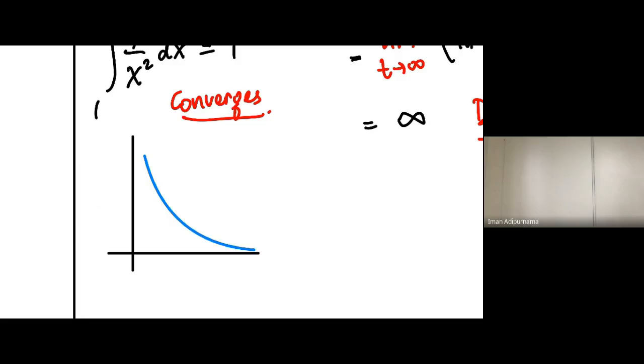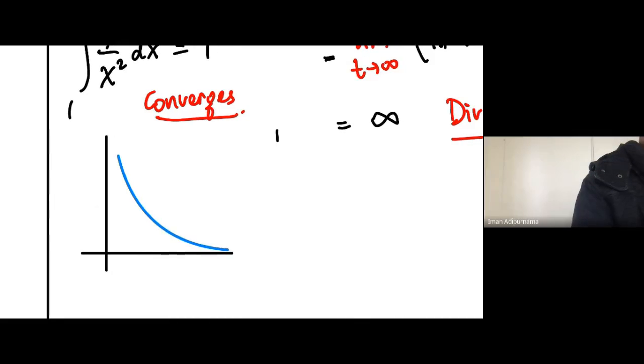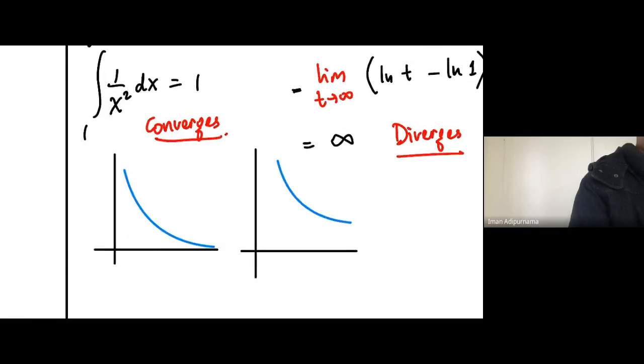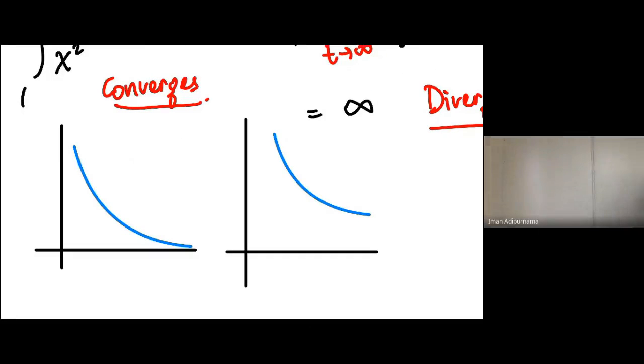And if you compare to 1 over x, maybe it's not to scale enough, but I believe 1 over x will have a large gap here.